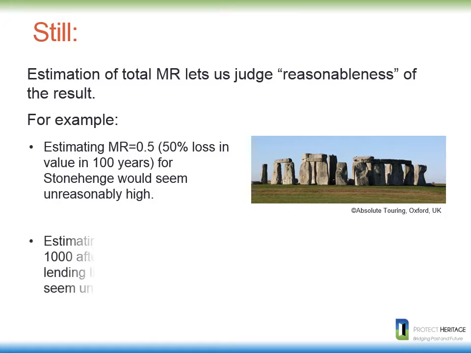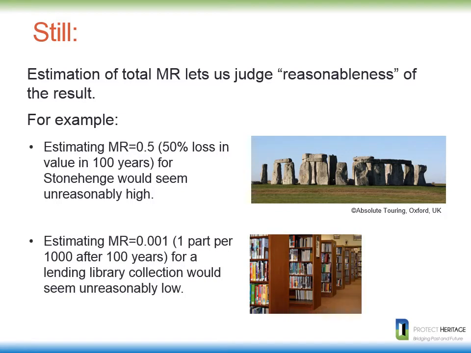In contrast, estimating the magnitude of risk of just 1 part per thousand over 100 years for a lending library collection would seem unreasonably low. Either of these results would encourage us to look very critically at our analysis for blatant errors, and so we can estimate the total magnitude of risk by calculating the sum of the generic risks.